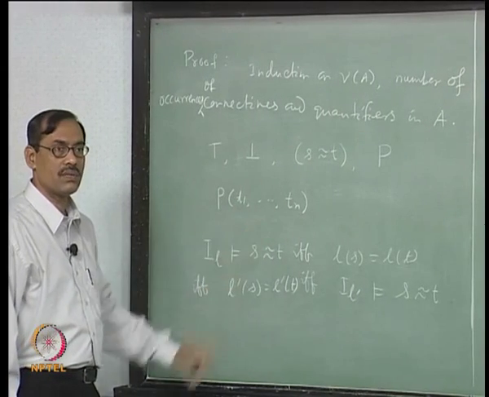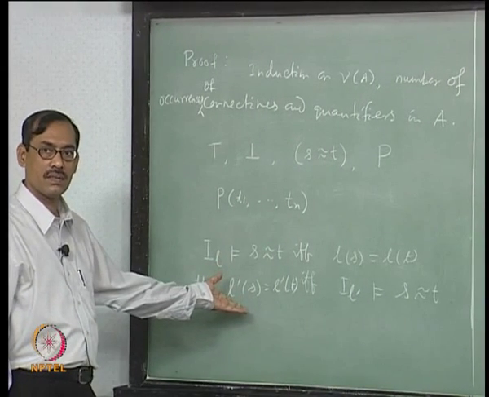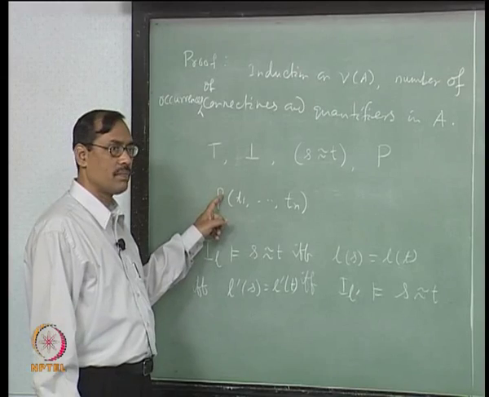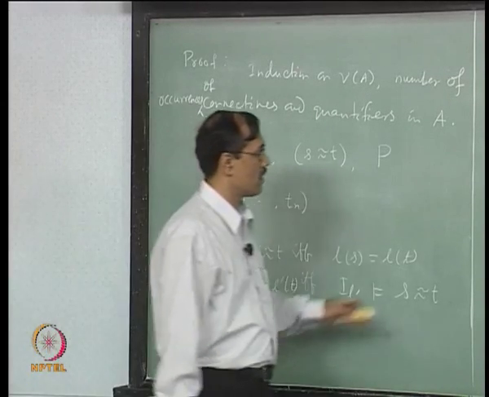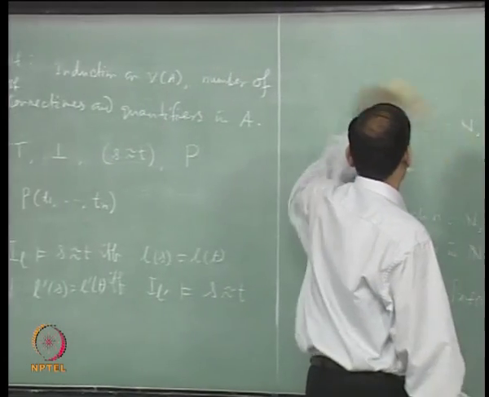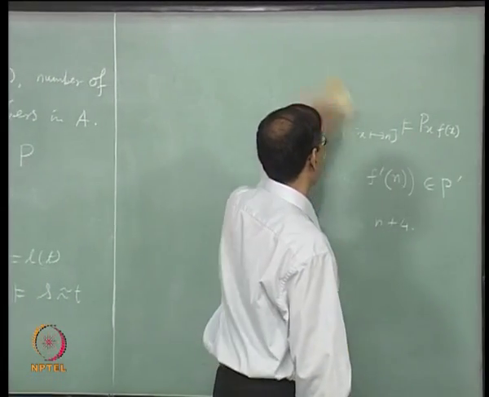What about P of T1 to Tn? It is similar to this. Instead of equality, we will have P here. Okay, let us do it. You just have to write some more lines.